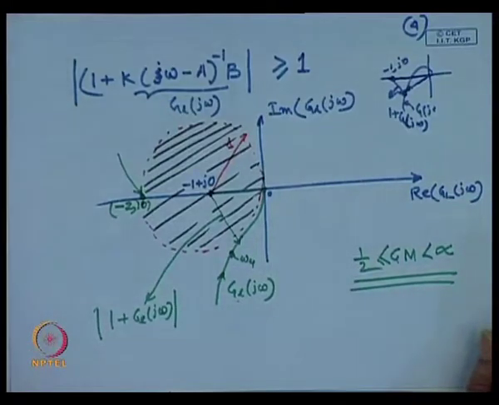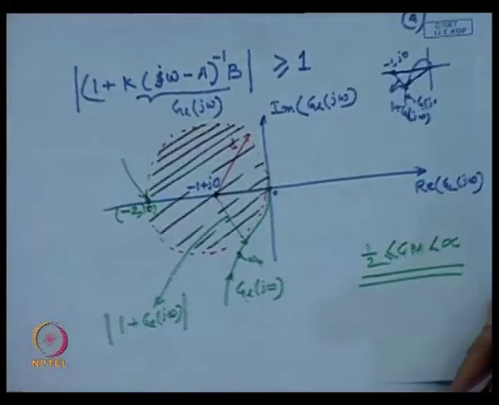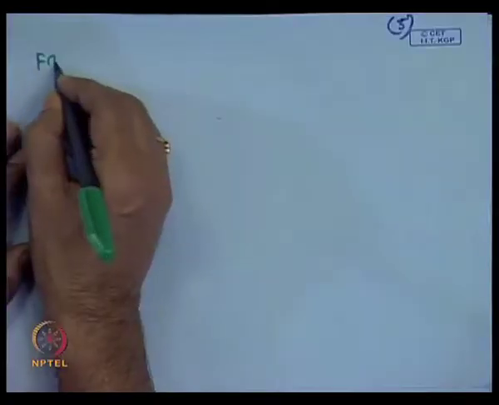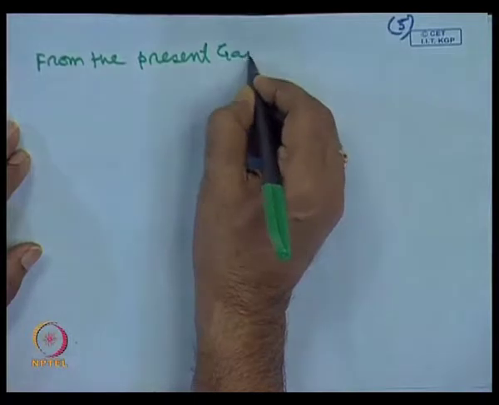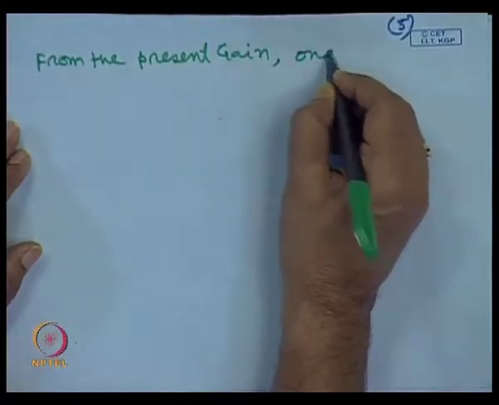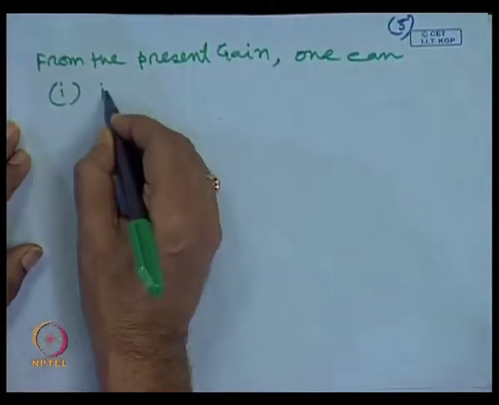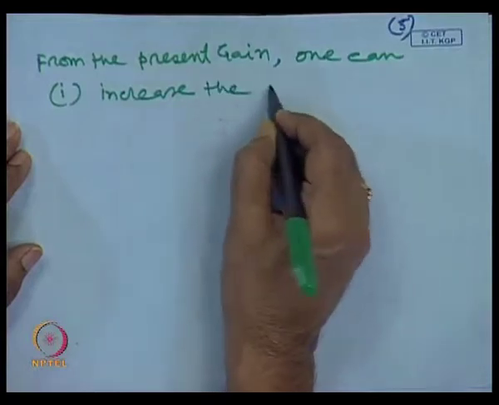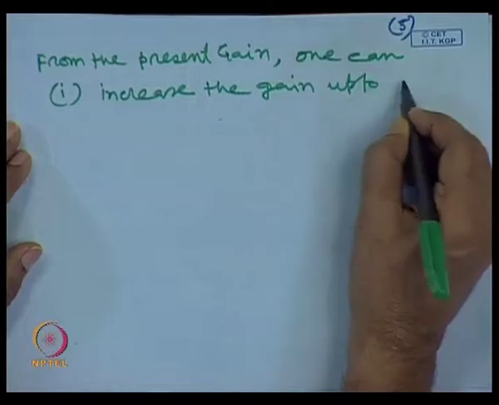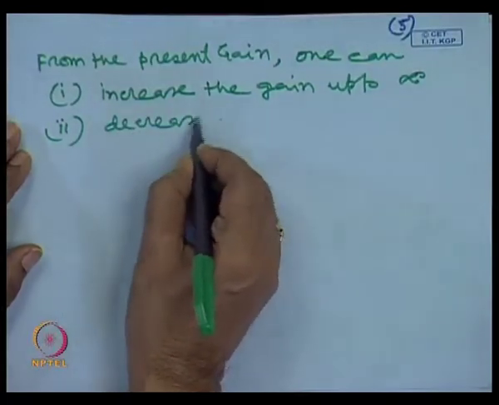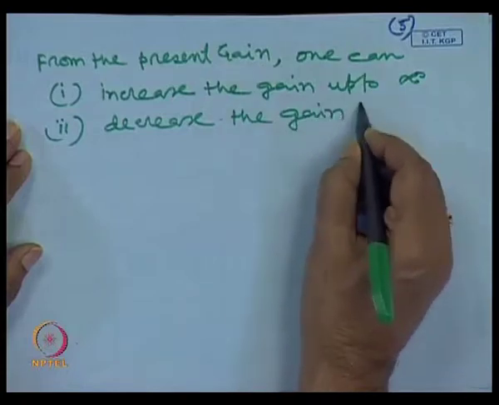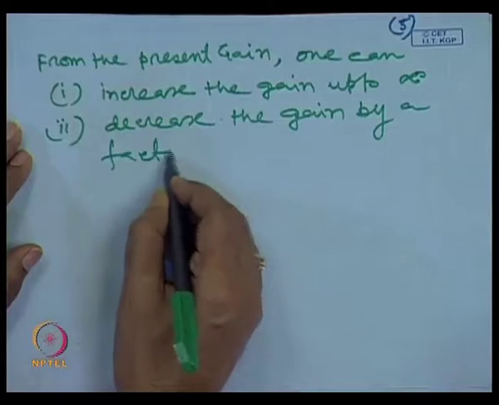So, if you summarize this, from the present gain one can increase the gain up to infinity, and one can decrease the gain by a factor of half.